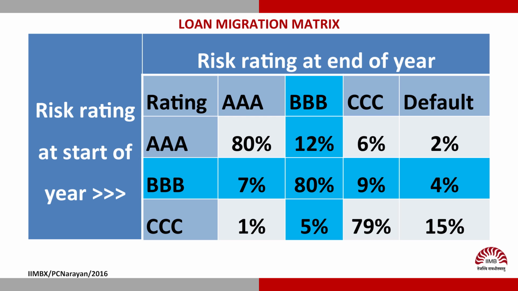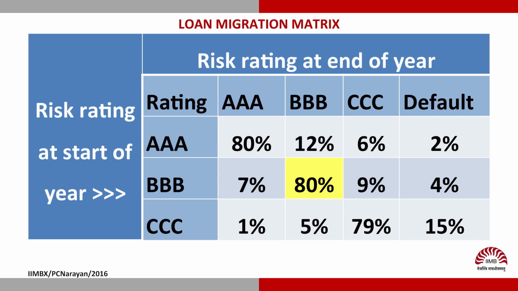For example, 80% of the loans that had a rating of, say, BBB at the start of the year also ended up with BBB at the end of the year.